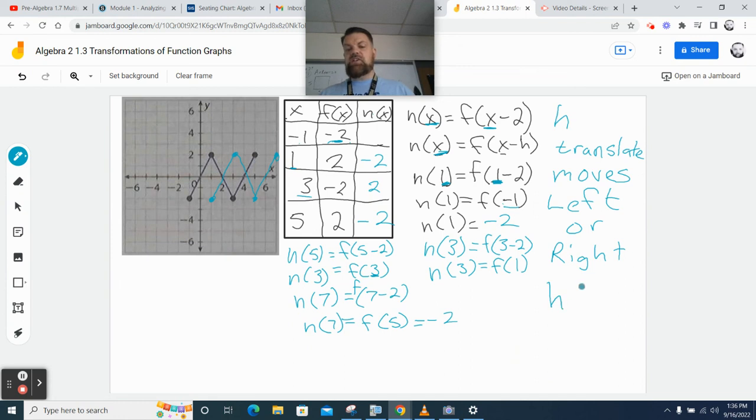If h is less than 0, that means that it's negative, it moves it to the right. If h is greater than 0, that means that it's positive, but it moves it to the left that many spaces. Okay?